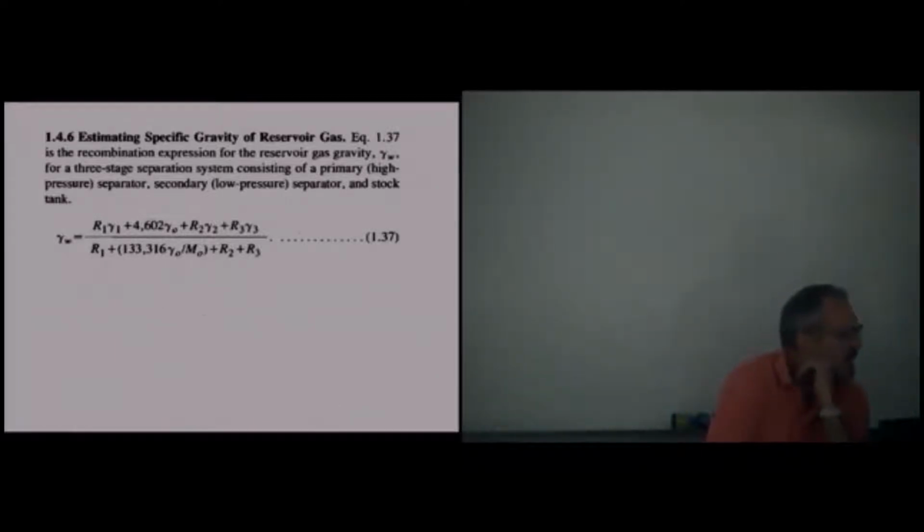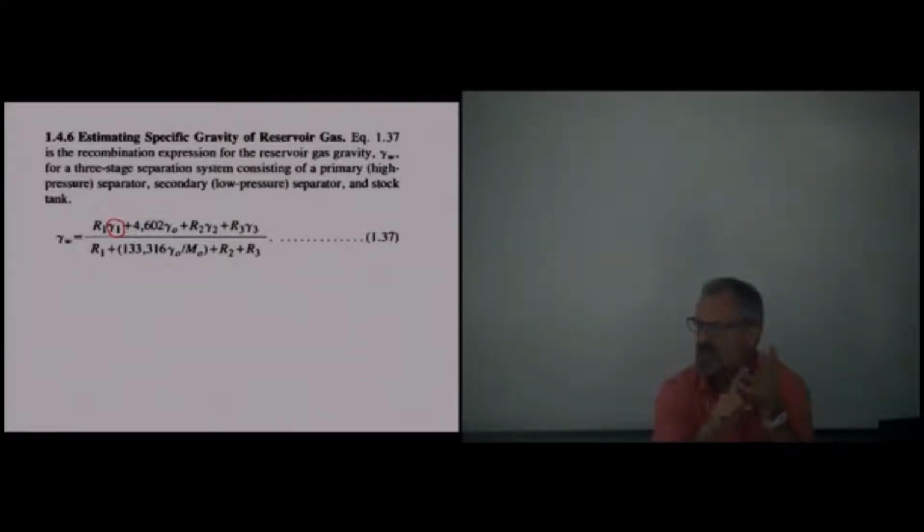And in general, it's going to be largely a function of the gravity of the high pressure gas. The less second stage and third stage gas that's produced, the lower the GOR. So think of R1, R2, and R3 as coefficients, and they become smaller and smaller.